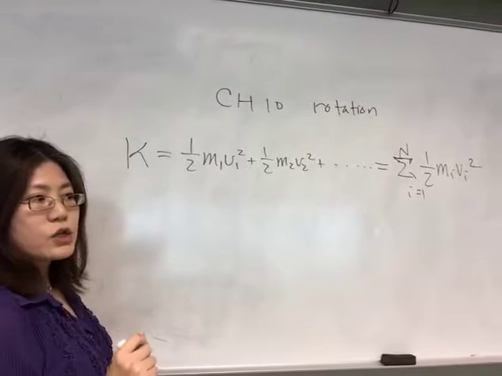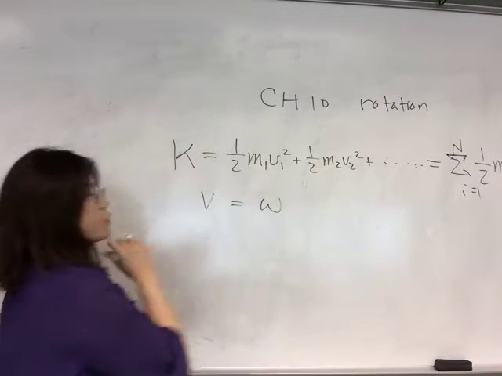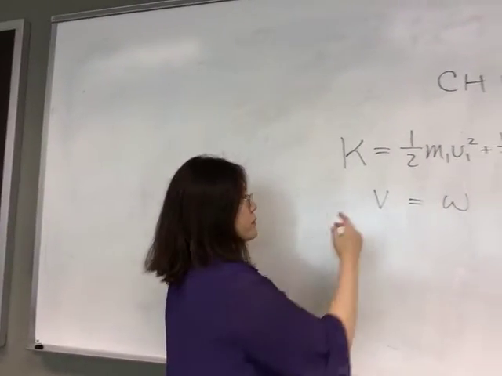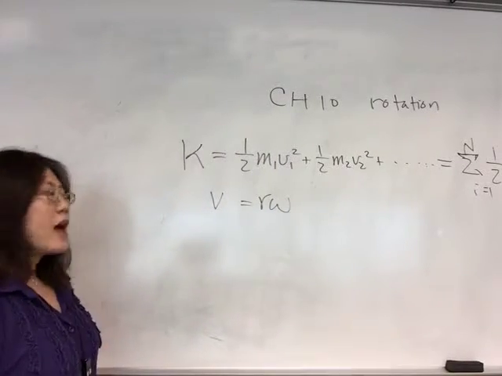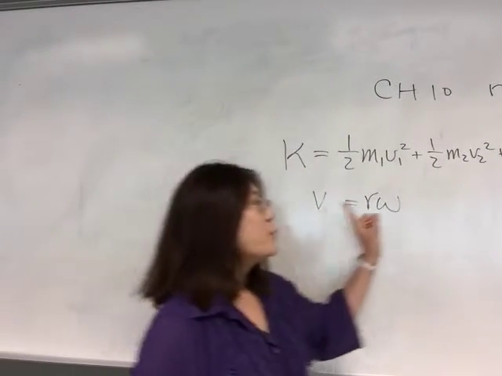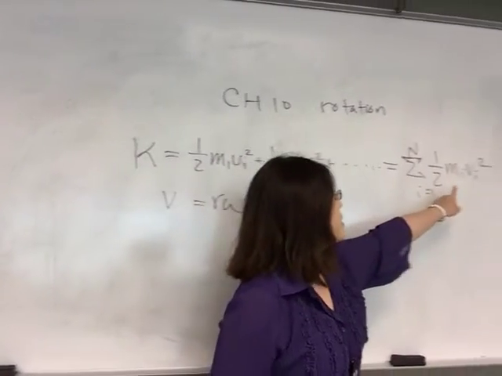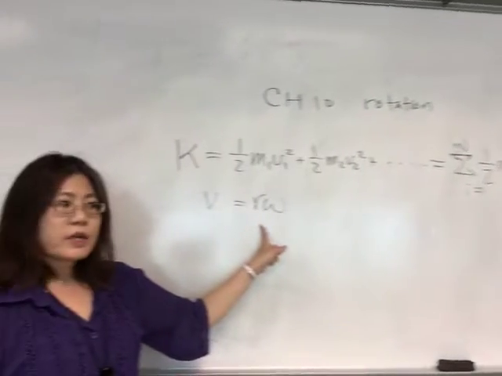How are they related to each other? In other words, v and omega, how are they related? v is equal to r omega, right? So now we're going to utilize that relation and replace our v with that expression to see what we get.